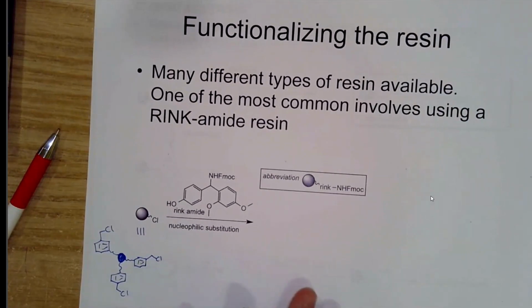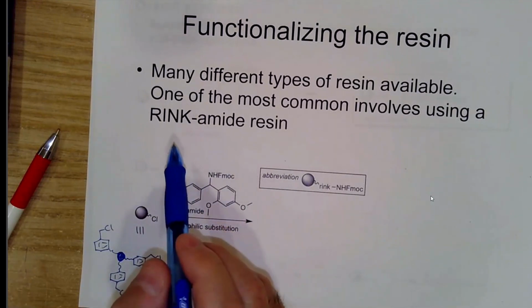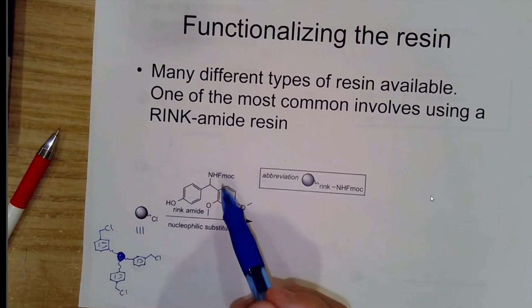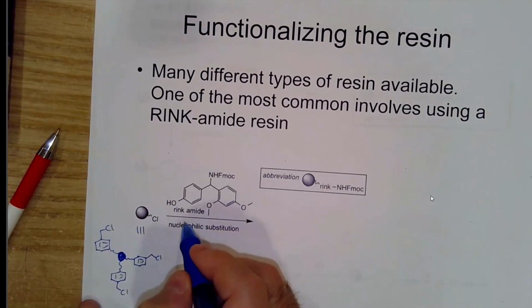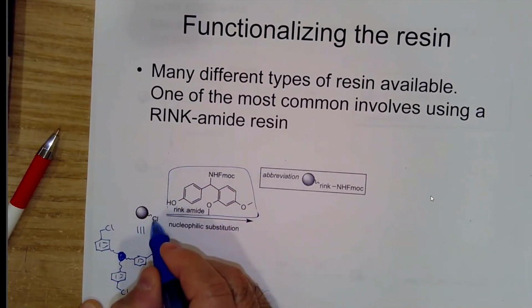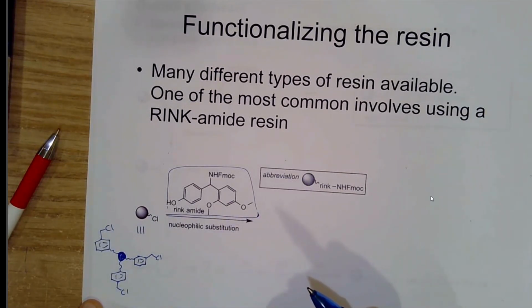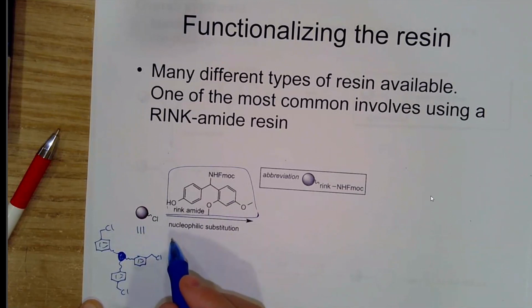So one of the things that we do is we need to functionalize a resin, and the most common way, or one of the most common ways, involves using something called a rink amide resin. And what it is, you have this rink amide functional group here, and this has to interact here to generate a new functionalized resin. Okay, so what does that look like?